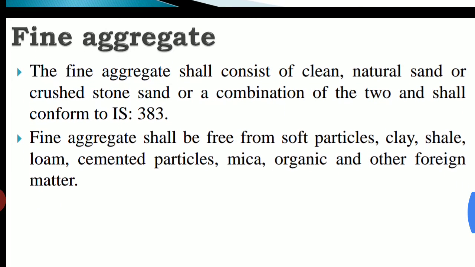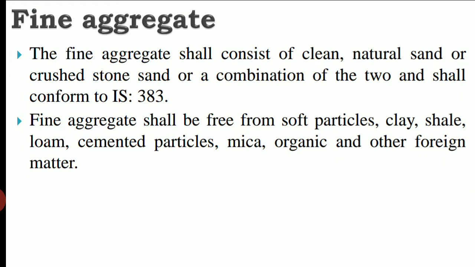And fine aggregate, so the fine aggregate shall consist of clean natural sand or crushed stone sand or a combination of the two. So here we can use any type of fine aggregate, either natural sand or crushed stone sand, or else we can use a combination of these two, but make sure that it satisfies all the conformities given in IS 383.